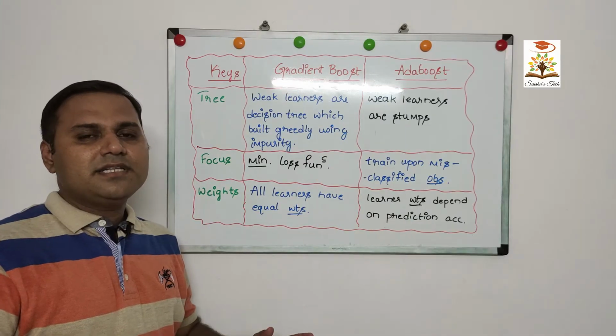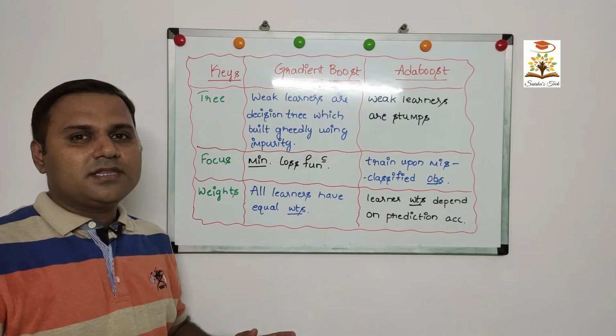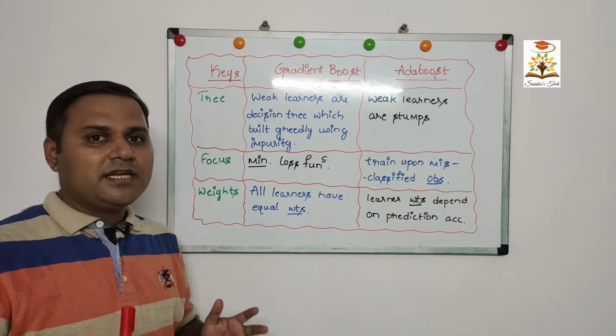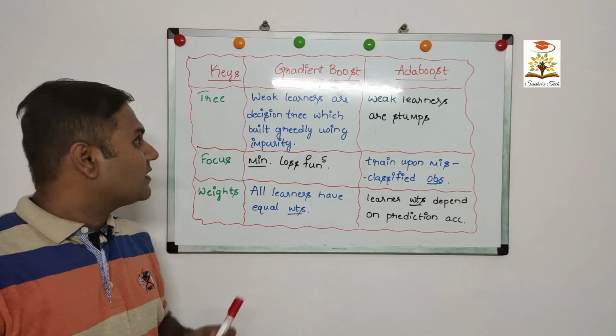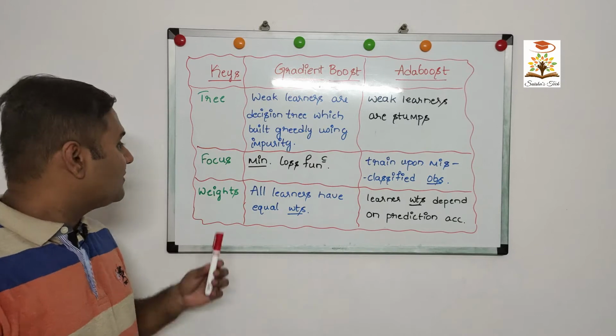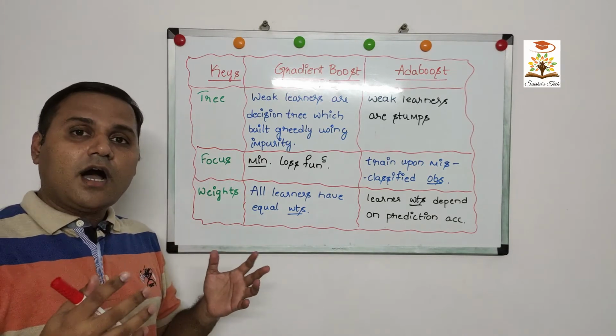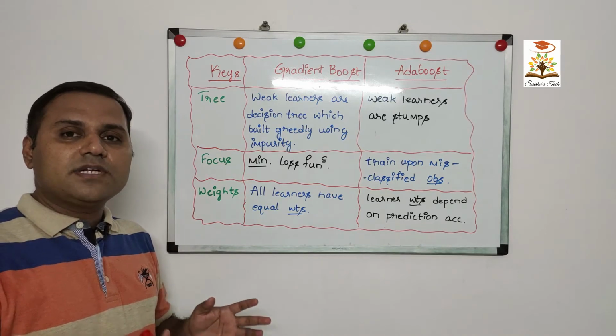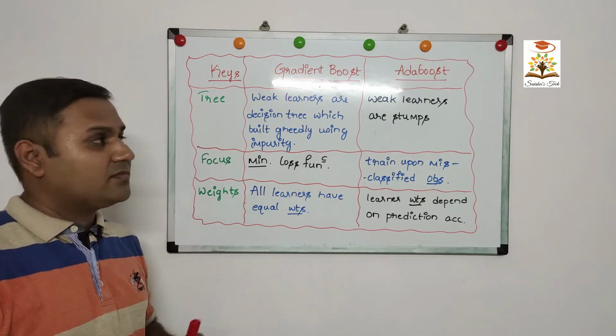The comparison between the AdaBoost algorithm and gradient boost algorithm can be done using three main key components: the trees which we are building, the focus of the algorithm, and the weights provided to each of the trees or learners.